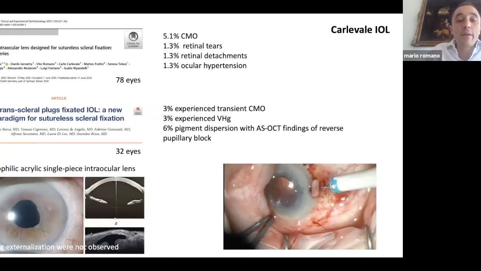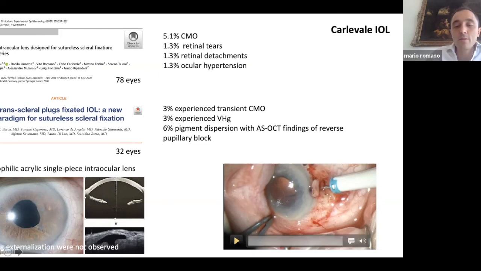We also have now, since a few years, the Carlevale lens. This is a hydrophilic acrylic single-piece intraocular lens. There are few publications, but it seems that the cystoid macular edema rate is between 3 and 5%, so quite low. There are few cases of ocular hypertension or pigment dispersion, about 6%.